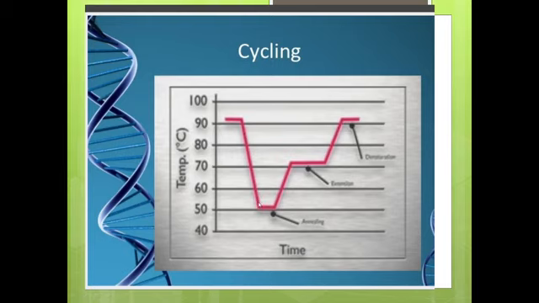Then the temperature is lowered to 52 degrees centigrade. This is the temperature at which annealing, or the binding of primers to each separated DNA strand, takes place.